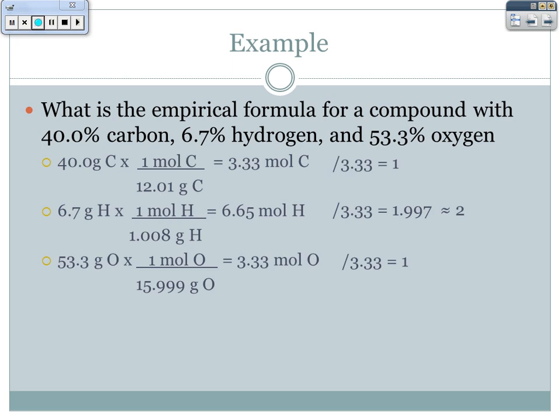But if you multiply the 1.5 by 2, then you have to multiply everything else by 2. So we'll do some practice with that. But my empirical formula then becomes CH2O, where I have 1 carbon, 2 hydrogens, and 1 oxygen. And so that's my smallest whole number ratio for this compound.